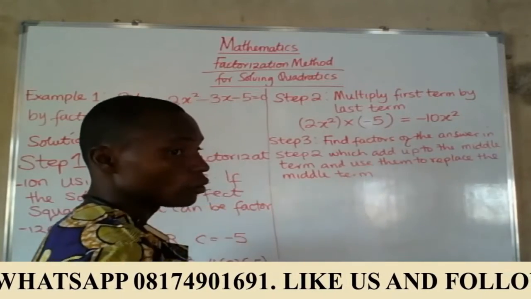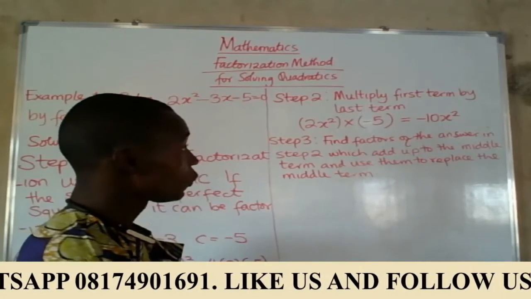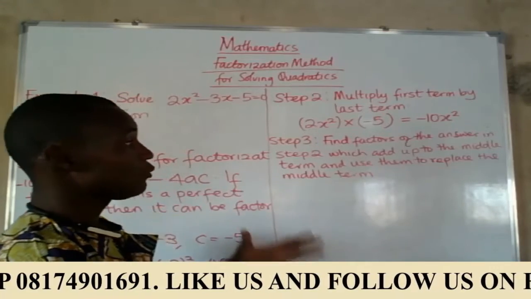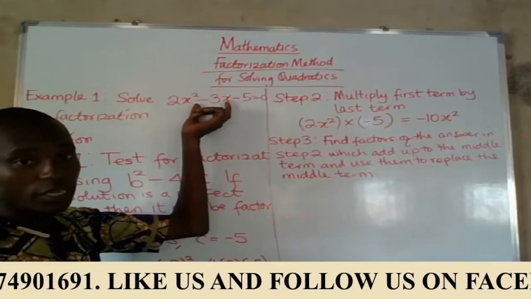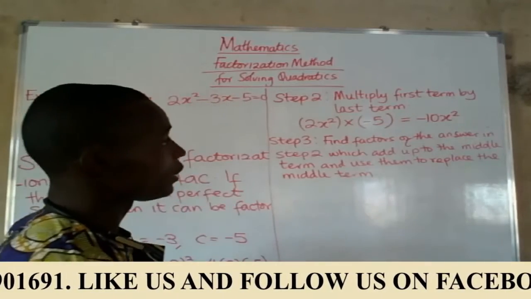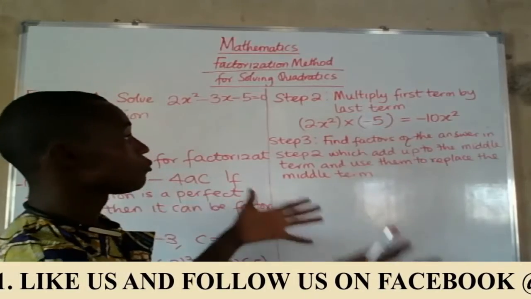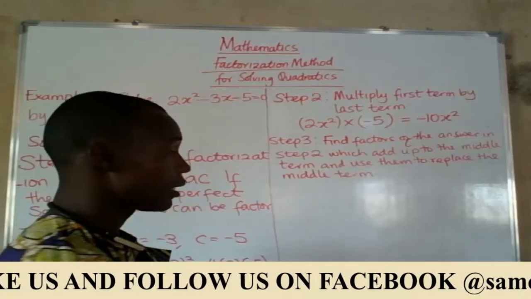So we have to look for factors of this answer that, if we add them together, will give us the middle term. The middle term is minus 3x. So what are the two numbers that if we multiply them together will give us minus 10x squared, and if we add them together will give us minus 3x?